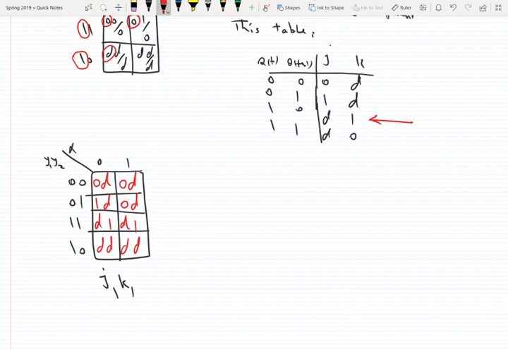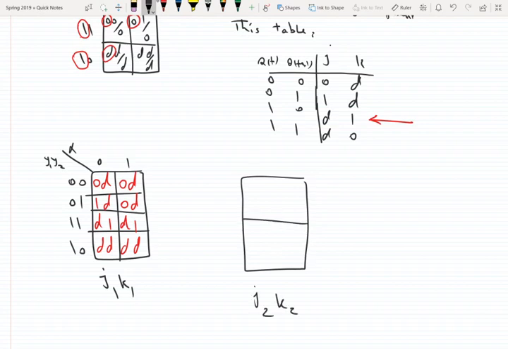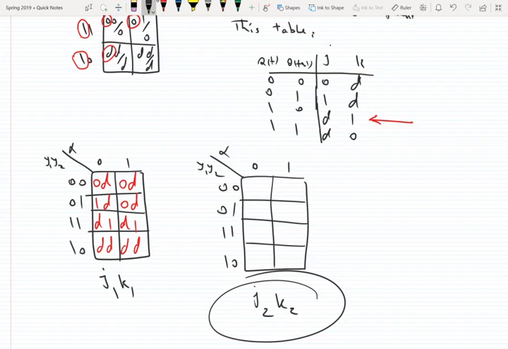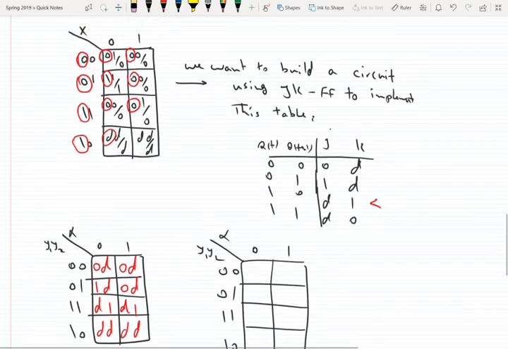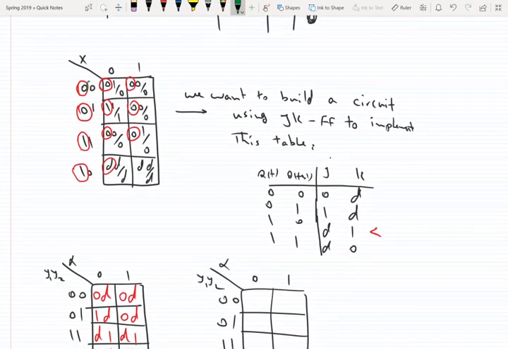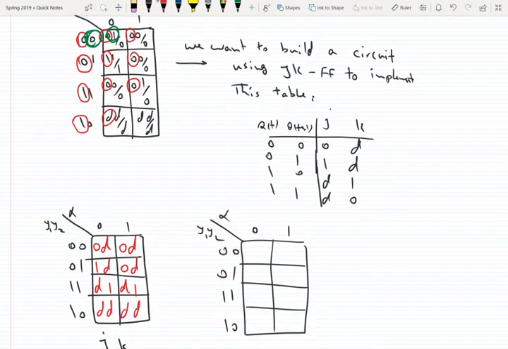Now we move to the second table, which is for the second flip-flop, J2, K2. Y1, Y2, X, 0, 1, 0, 0, 0, 1, 1, 1, 1, 0. But this time we're working with Y2 because it is J2, Y2. Y2 is 0, changes to 1.